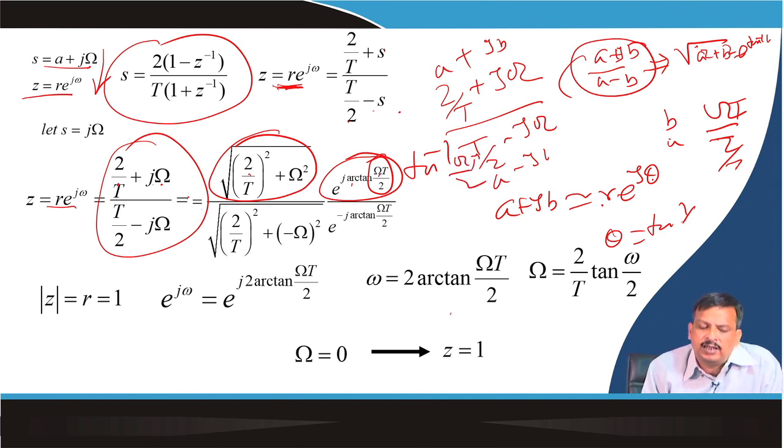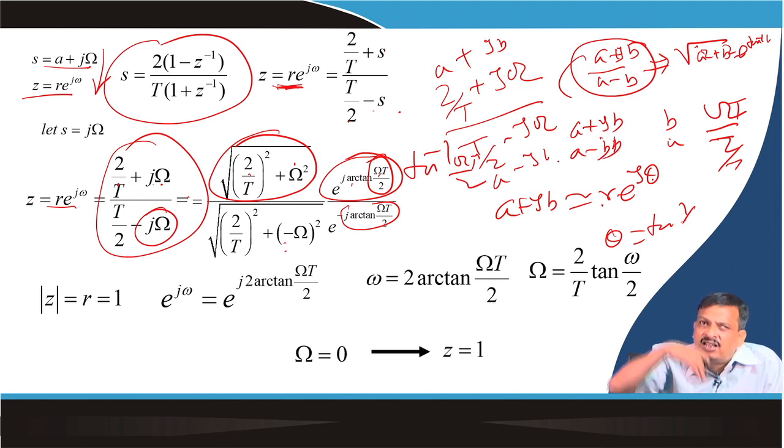So arctan omega t by 2, and only the minus part is there. So only the theta will be negative, the amplitude will be the same. A plus jb and a minus jb both have the same amplitude, only one has theta positive and the other has theta negative. So e to the power j theta divided by e to the power minus j theta.